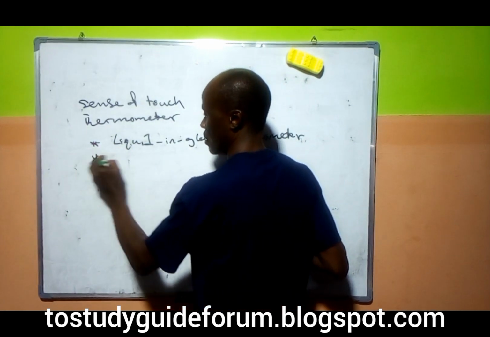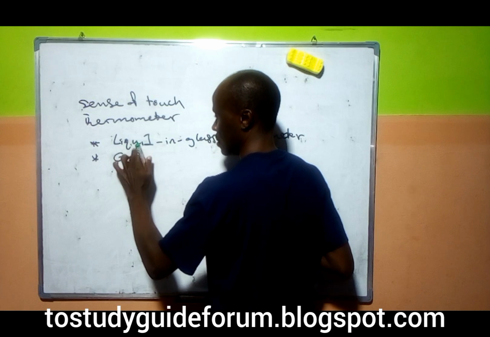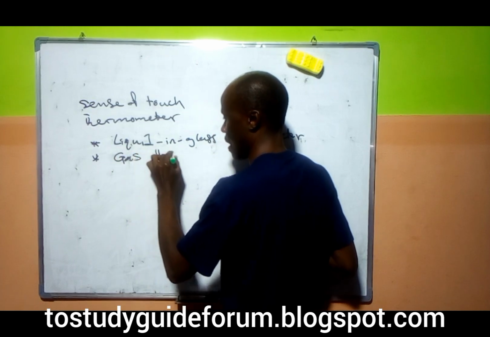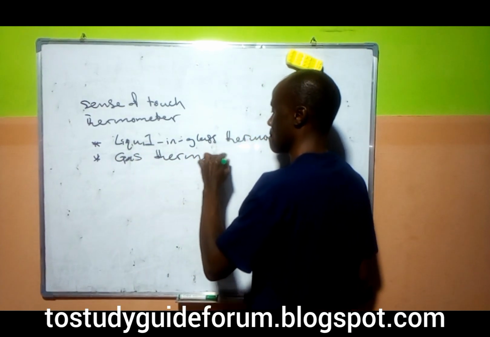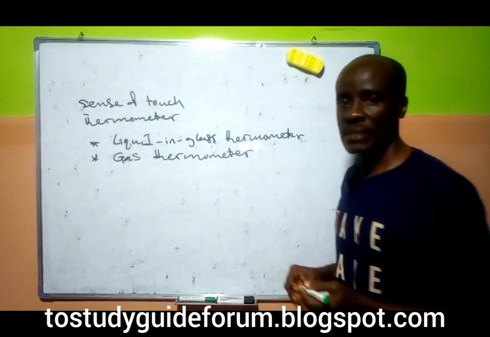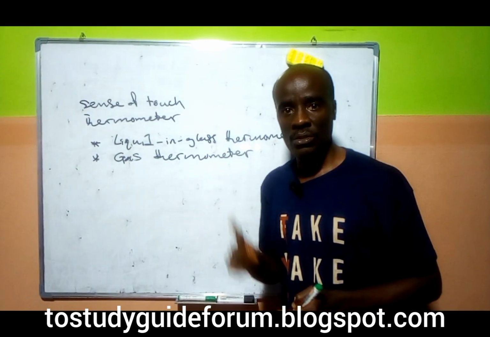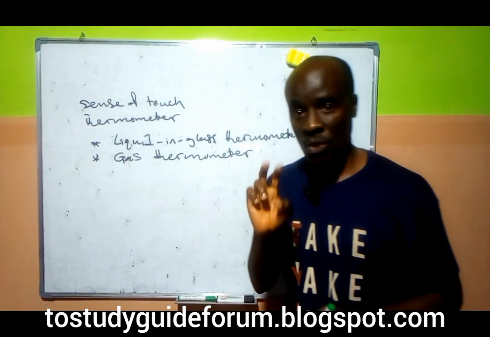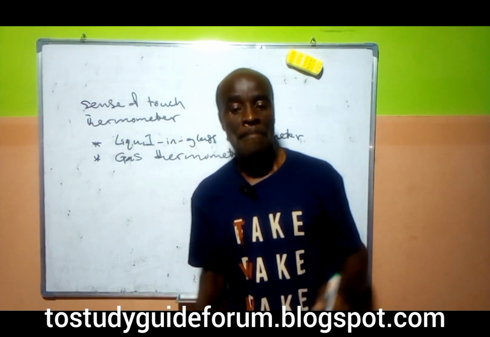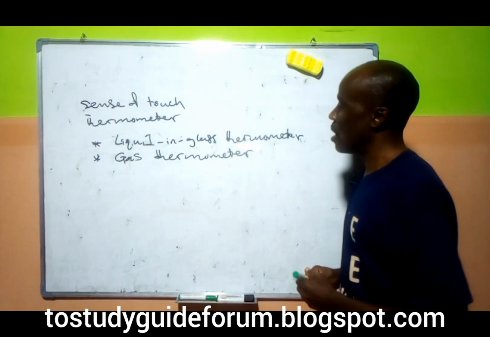The next one we have is the gas thermometer. The first one is the liquid in glass thermometer. The second one is the gas thermometer. I want you to get this into your brain.